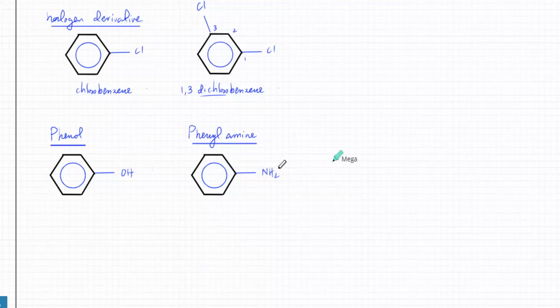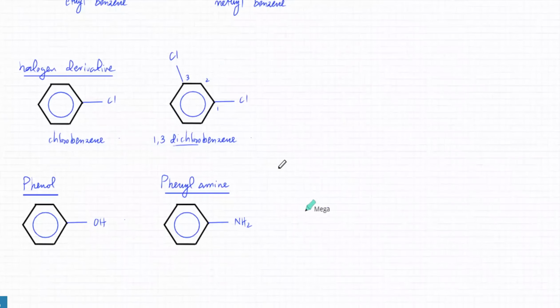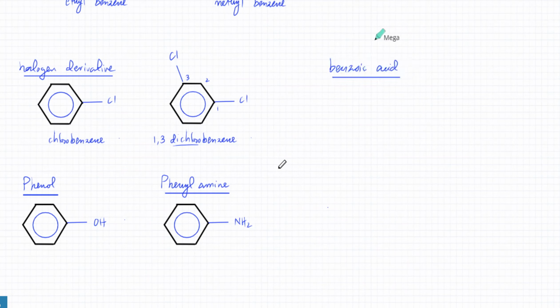A phenylamine will behave differently compared to an amine as well as a benzene. It's going to behave differently. You also have benzoic acid. So a benzoic acid is a benzene with a carboxylic acid.